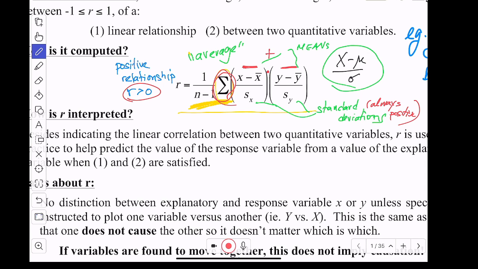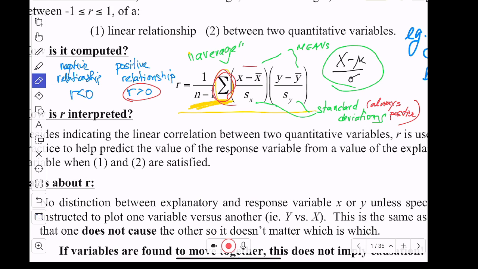What about a negative relationship? If you guys don't get this, I'm going to do this again anyway, so don't worry too much. For a negative relationship, R will be less than 0. How can I see that?